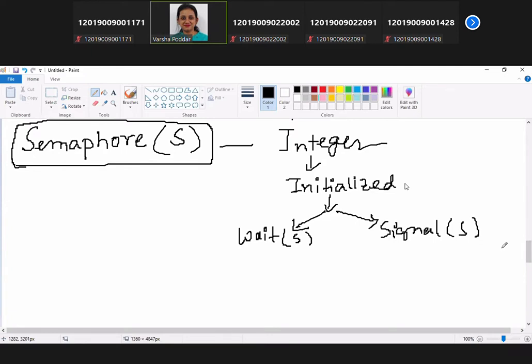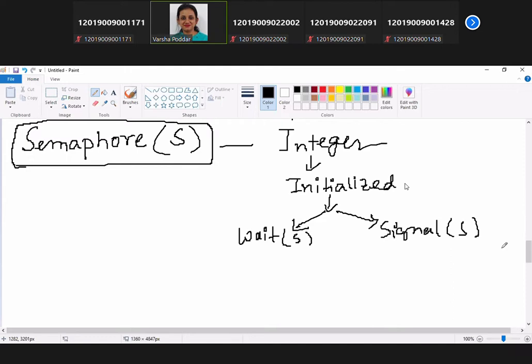A semaphore is an integer value that we will use to denote critical section, or whether any process going into critical section can avoid that problem or not. It will first be initialized in your problem, and then it can operate in only two modes: wait of semaphore and signal of semaphore. Signal means the release of the wait phase.